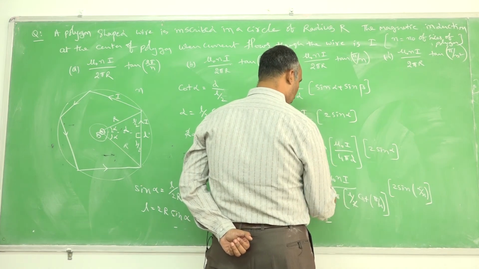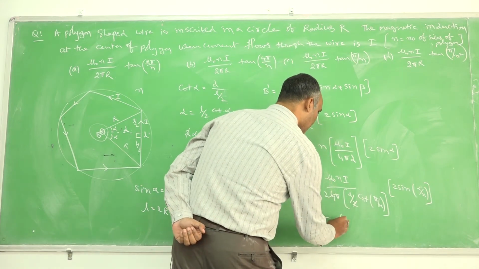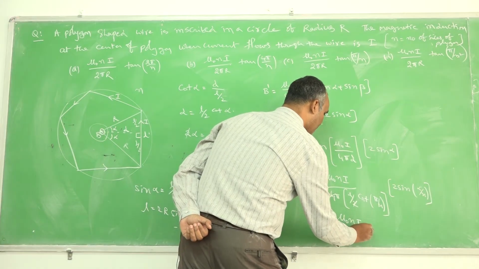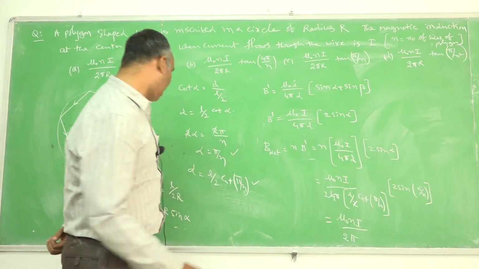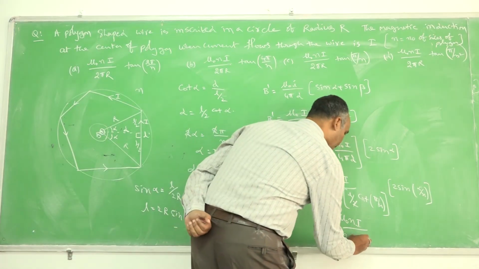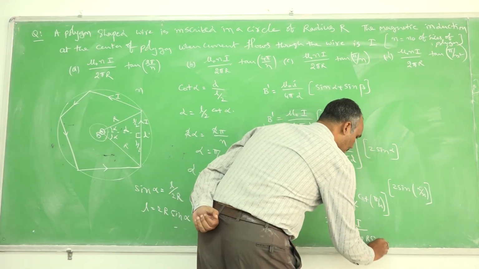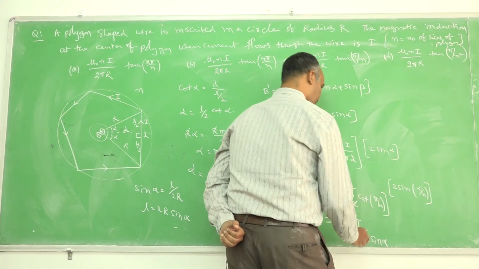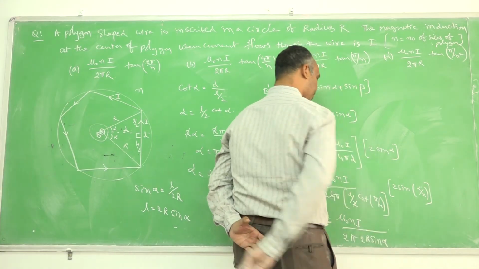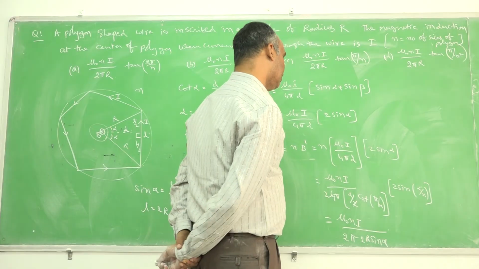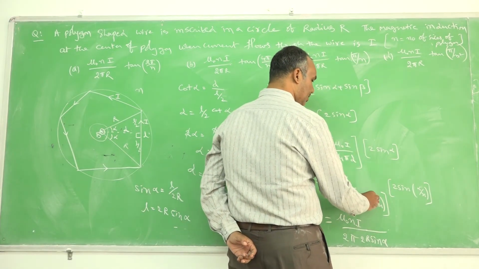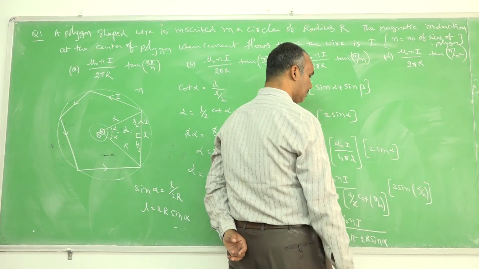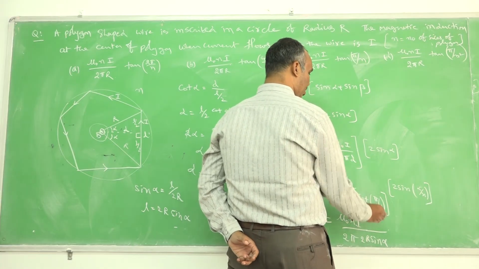This 2 will go for 2 times. Mu naught Ni by 2 pi. In the place of L, I should write 2r sin alpha. You can write cot pi by n as cos pi by n by sin pi by n.